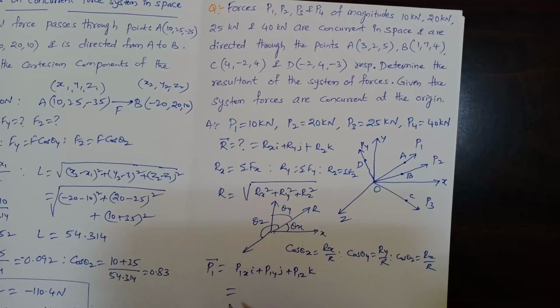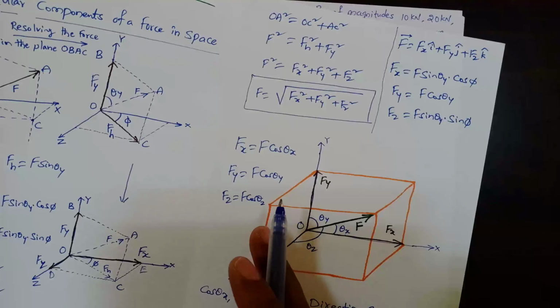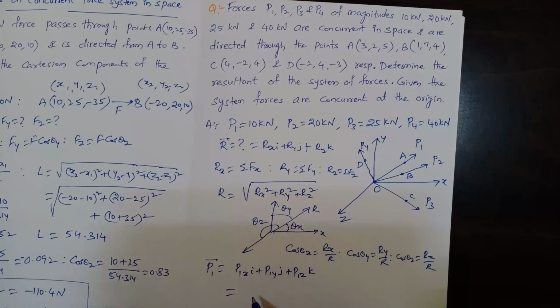Here P1x in terms of direction cosines, as we have already seen, like Fx equal to F cos theta x, so P1x is equal to P1 cos theta 1x i cap, P1 cos theta 1y j cap, and P1 cos theta 1z k cap.